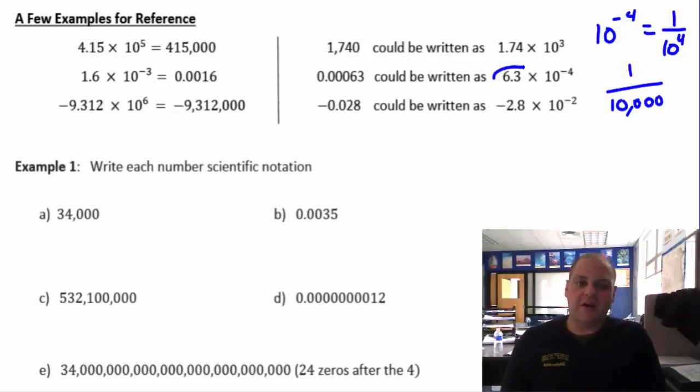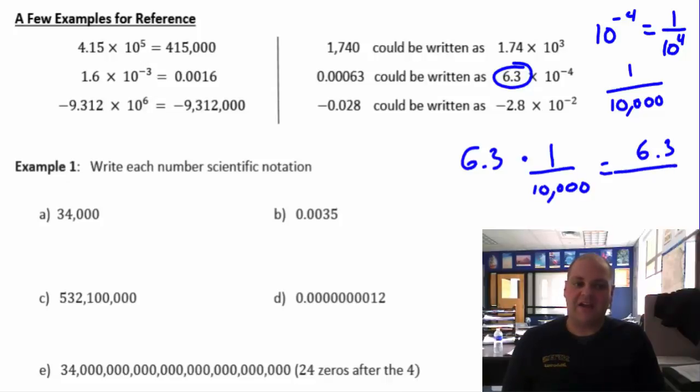So what they mean here is to take the number 6.3, and you're not multiplying by 10,000, you're multiplying by 1 over 10,000. So it's like 6.3 times 1 over 10,000, which is 6.3 divided by 10,000, essentially.